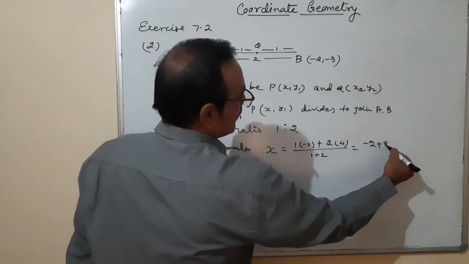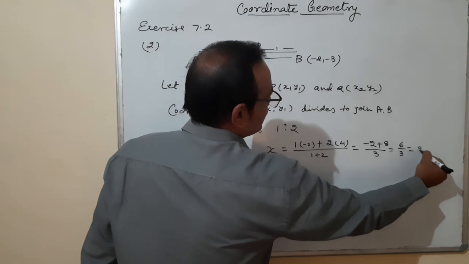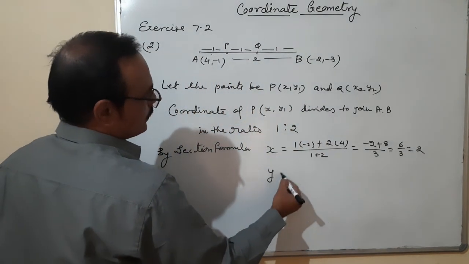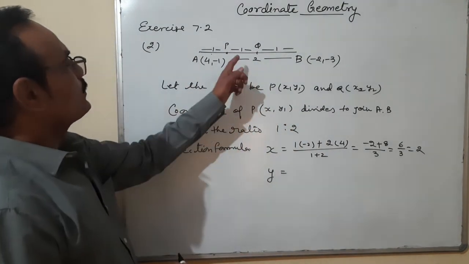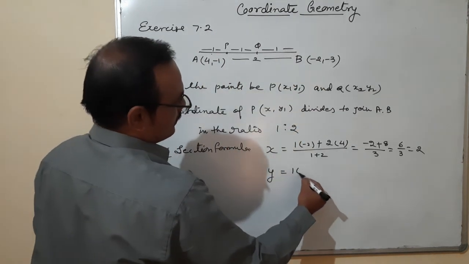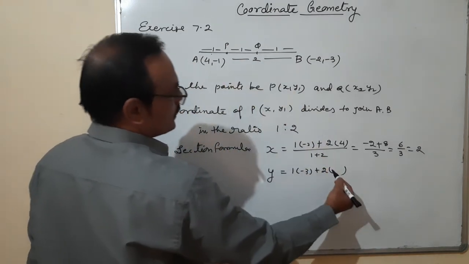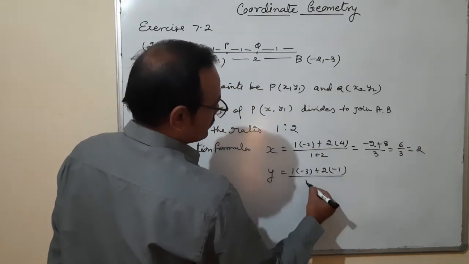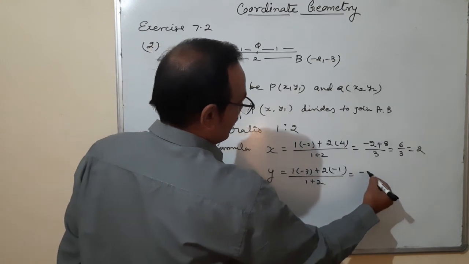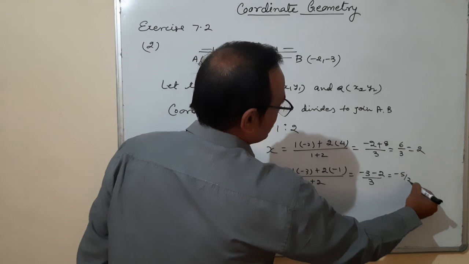-2 plus 8 upon 3, 6 upon 3, that means it is 2. And y is equal to 1 multiplied by -3 plus 2 multiplied by -1 upon 1 plus 2, -3 -2 upon 3, -5 upon 3.